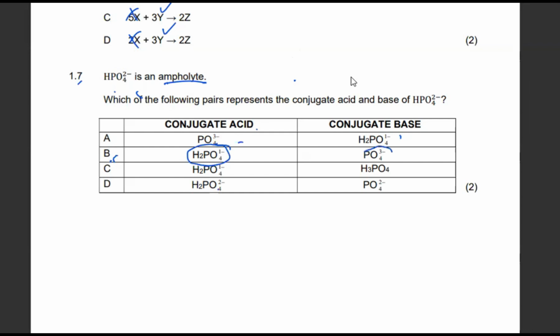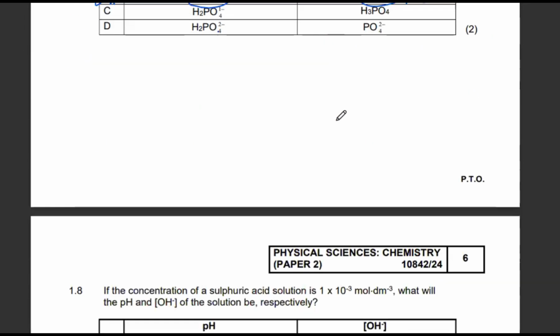And then this is a conjugate base of that. Why am I saying that? This one is able to receive the hydrogen, and once it receives it, it will go back to that state. And this, if it loses it, then it will still go back to that state. So B becomes the most correct answer.